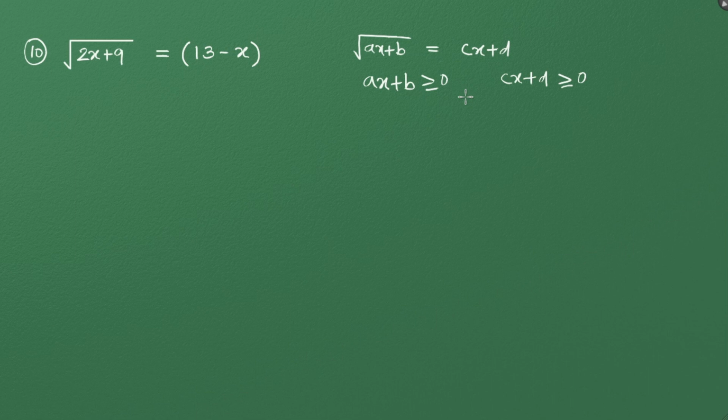Let's solve. We have square root of 2x plus 9 equals 13 minus x.